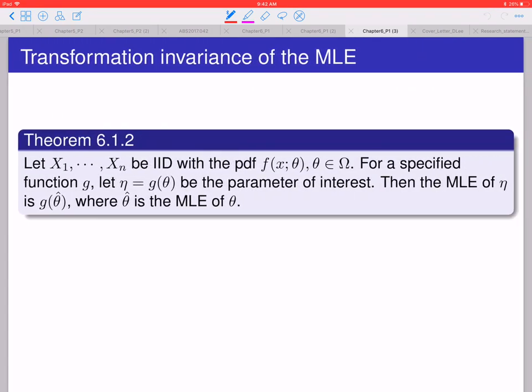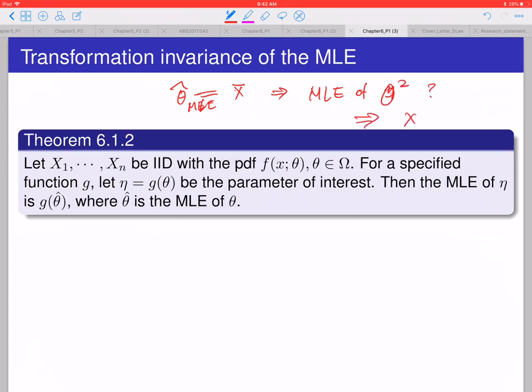Now this is also an important property of MLE. For example, if the MLE of theta is x bar, then what is the MLE of eta, which is, for example, theta squared?